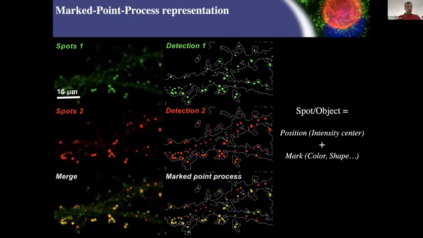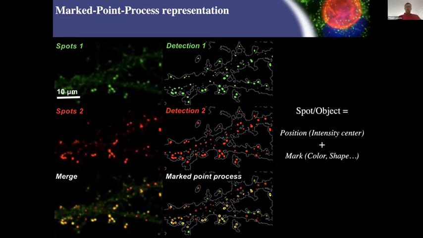And a marked point process is just a stochastic process, meaning that what you observe is the realization of some stochastic process. And what you want to know is, for example, if the marked point process that is green and the marked point process that is red are related, and at which distance.